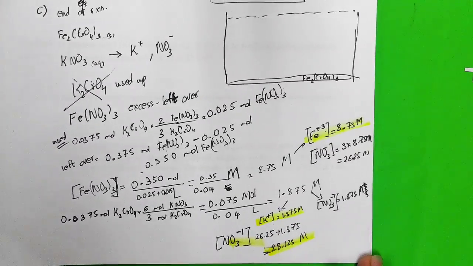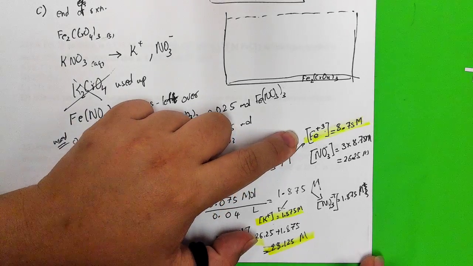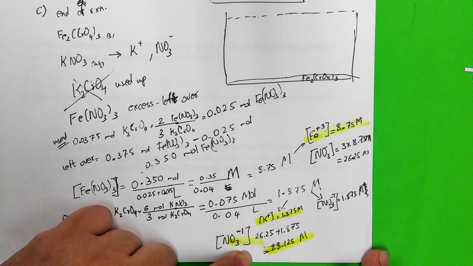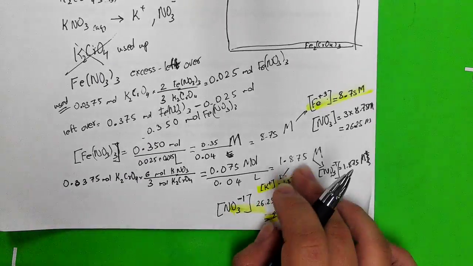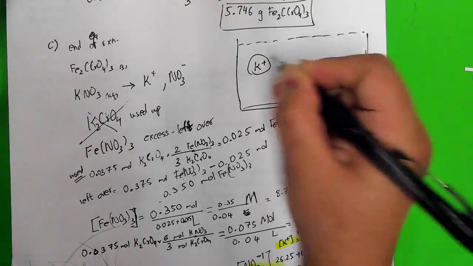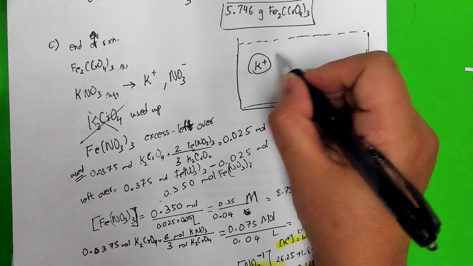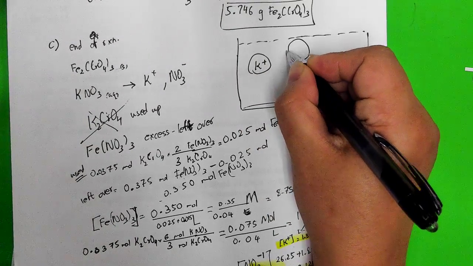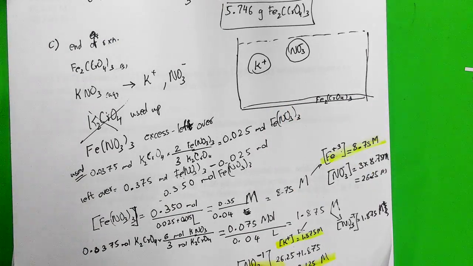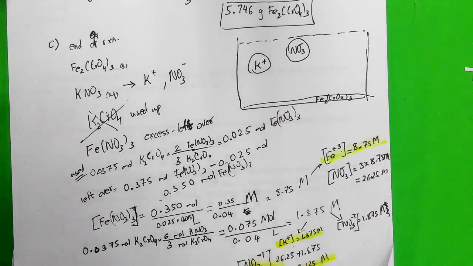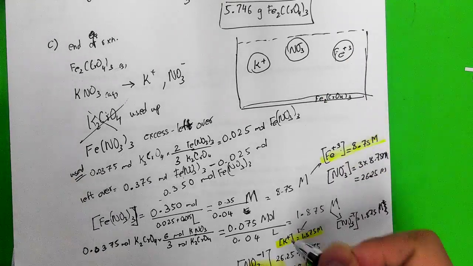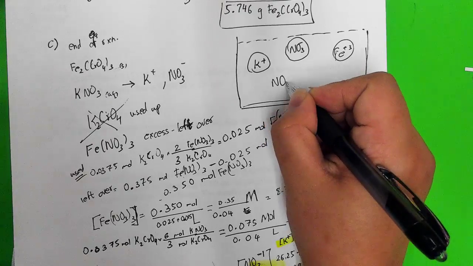So for the rest of the iron, you're going to draw Fe, okay, and then you're going to draw K, and then you're going to draw NO3. Okay, you can see based on the numbers that K is less. If you're not sure, you just draw. For every K, you're going to draw a lot more, and one NO3, right? K and NO3. You're going to draw Fe. You're going to need to draw NO3.